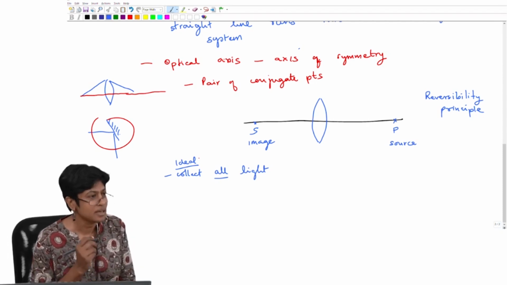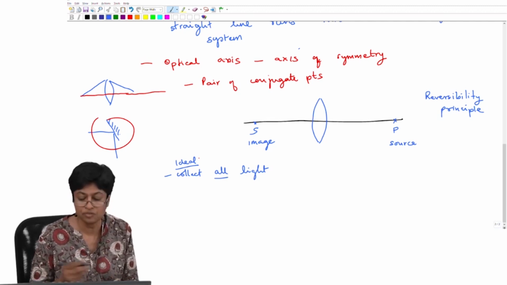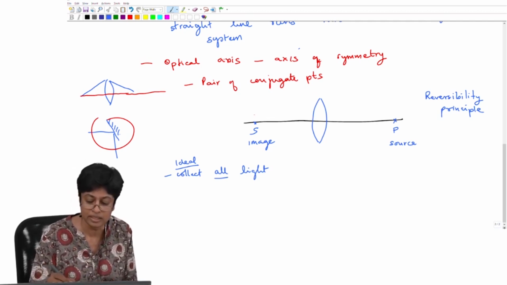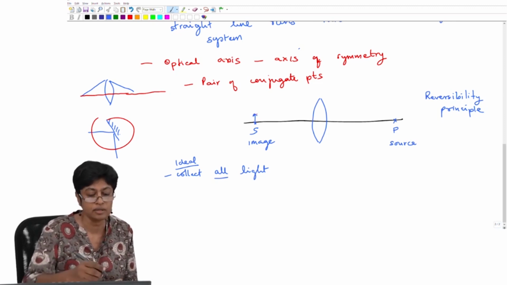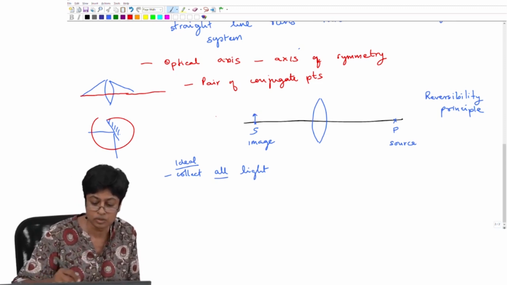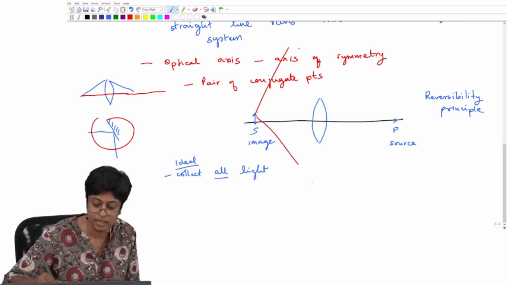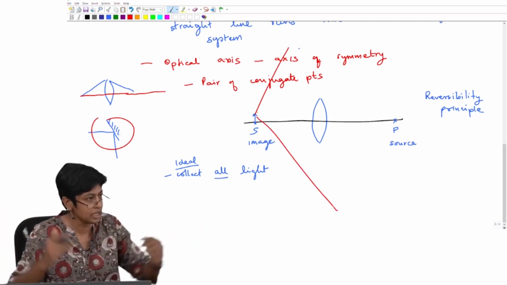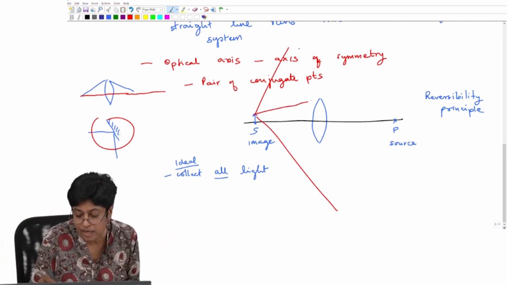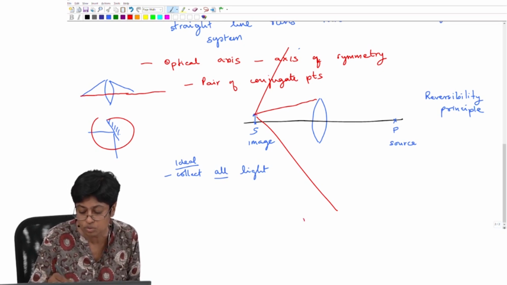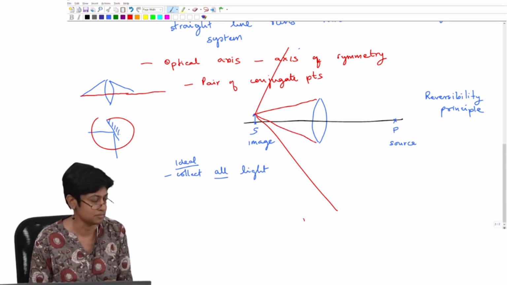But I can never ever collect all light. If you take this example over here, let's say I have an object over here. I have light traveling, so there's light incident and then there's reflected light, and it's reflecting in a very large cone. Some fraction of that gets through this optical system.